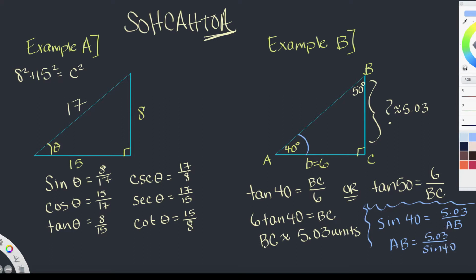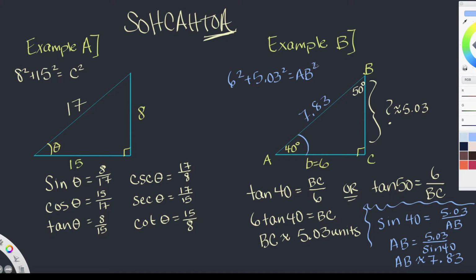So we can grab our calculators and do that and get that AB is approximately 7.83. And I can double check that. So I'll put that here, 7.83. I can double check that in the Pythagorean theorem by going 6 squared plus 5.03 squared is AB squared.